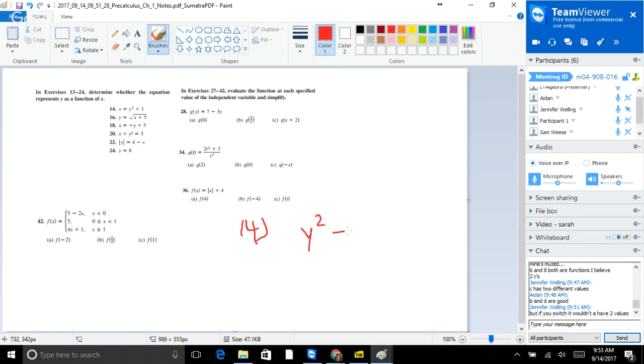Okay. So I'm going to rewrite this as y squared equals x minus 1, right? And then in order to solve for a single y, I am going to take the square root of both sides. The thing with square rooting is that you have to remember that there is a positive and a negative square root.